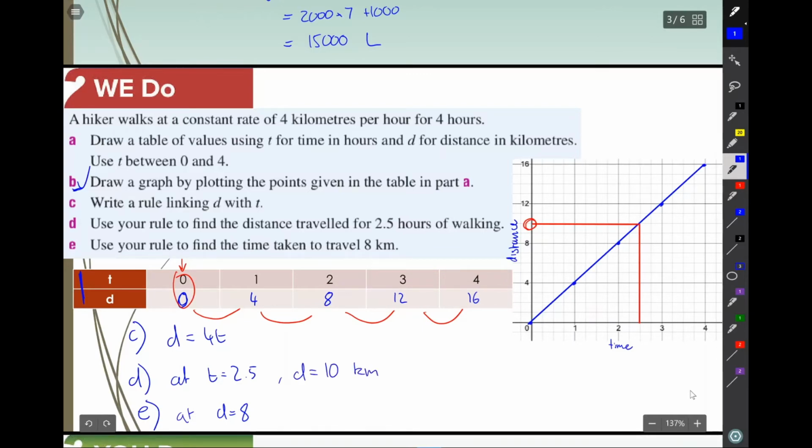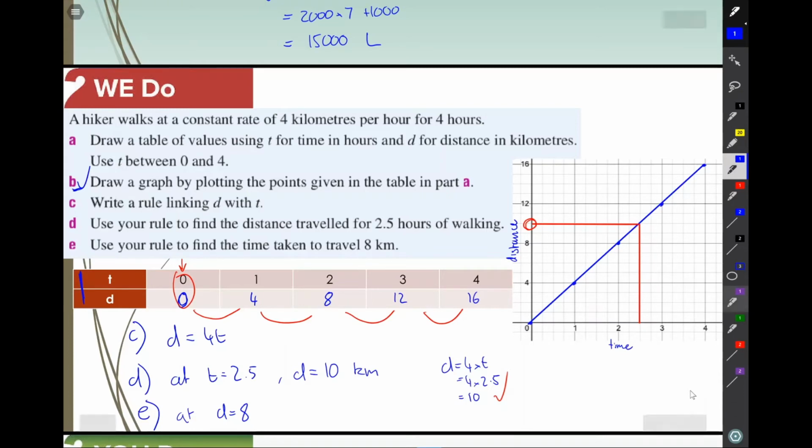We can check that in our rule. D equals 4 times t. 4 times 2.5 is in fact 10. I think it was a lot easier to just read it off the graph.